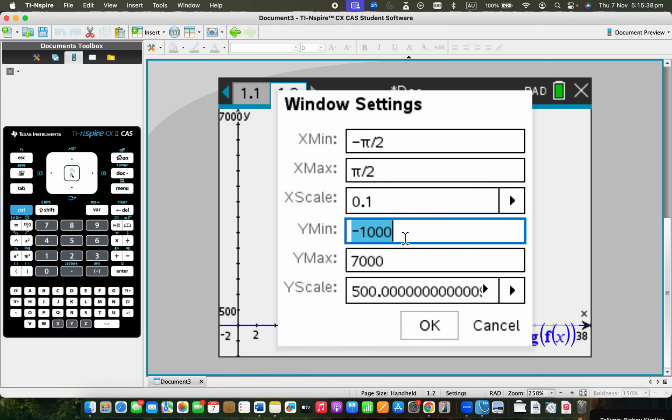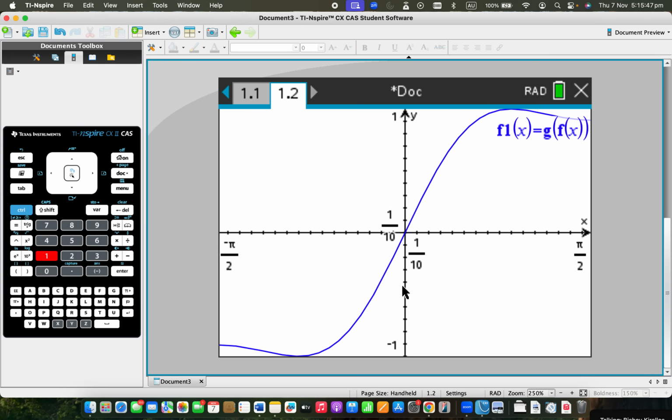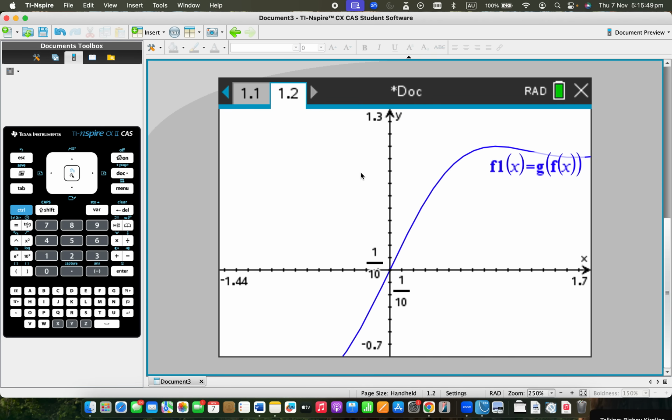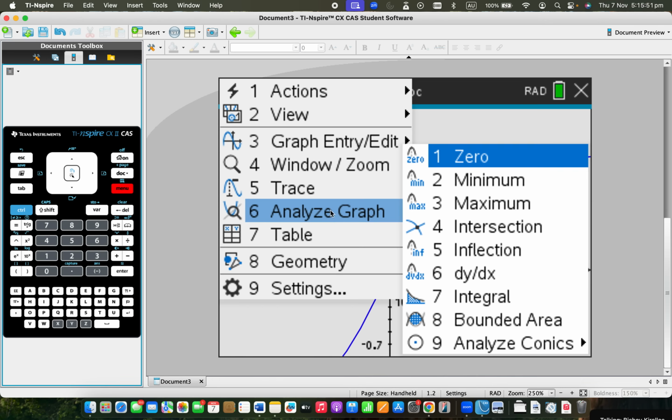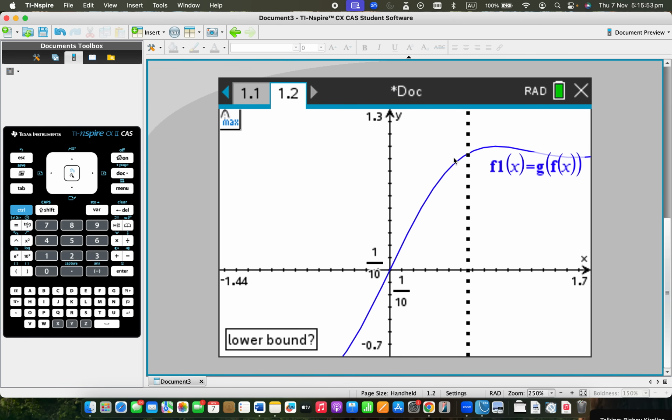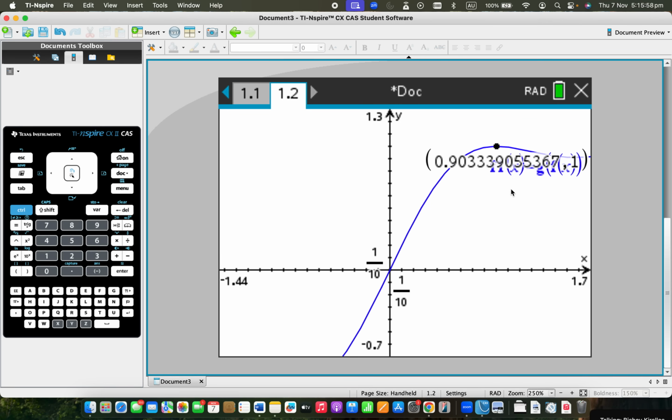And then y minimum is going to be negative 1 to 1 or something, and this can just be 0.1 as well. Okay, so the maximum is here. Analyze graph, maximum. And that is 0.9 and 1.